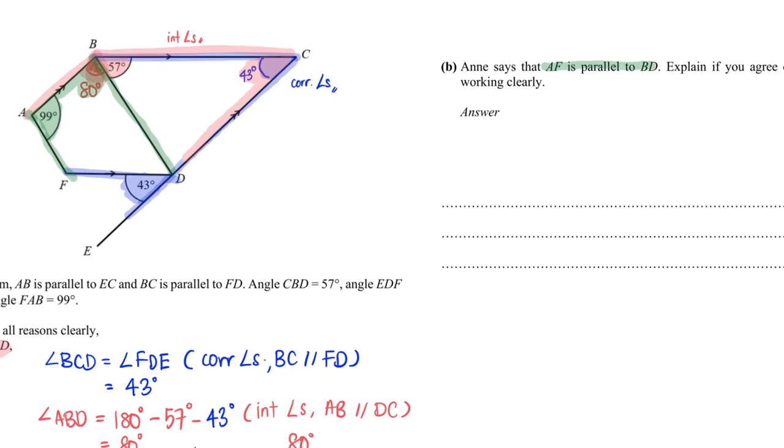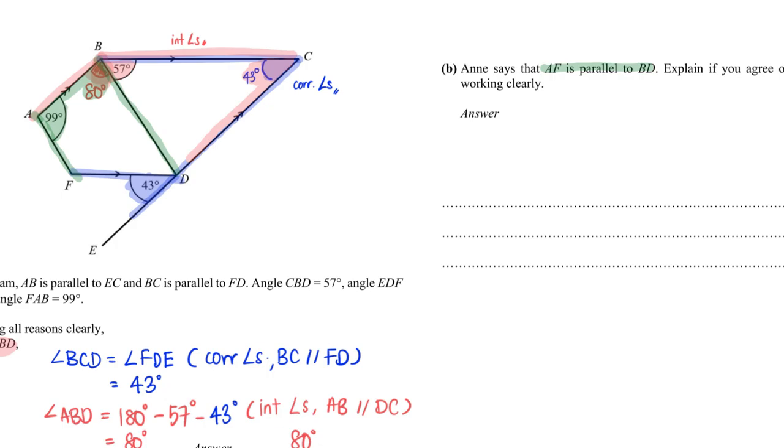So clearly, let's check angle ABD plus angle BAF equals 80 degrees plus 99 degrees, and this will give me a value of 179.